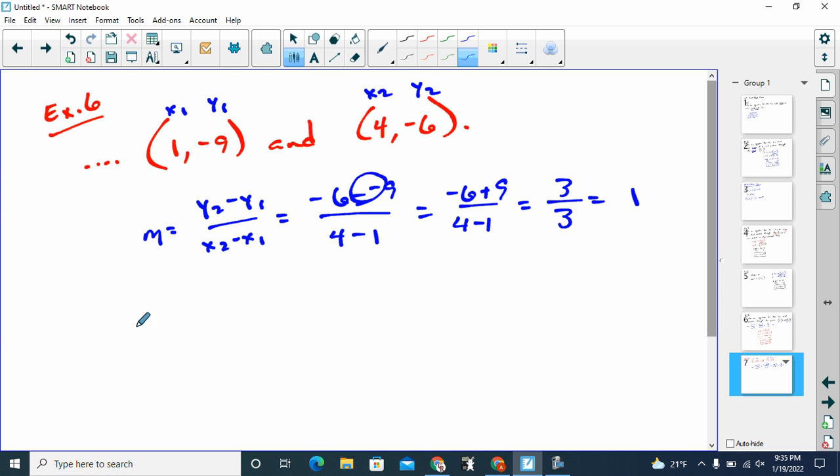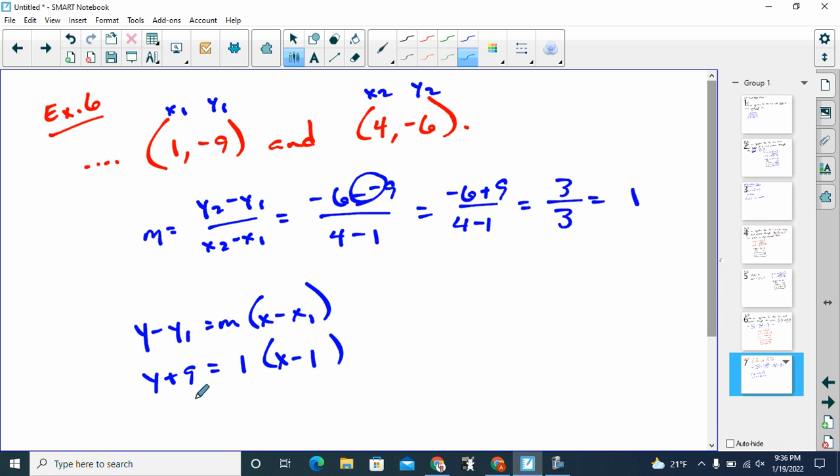Go to point-slope form. My slope should be 1. I'm going to put 1 in for m. x1, I'm going to use this point here. So x1 is 1, and y1 is -9.